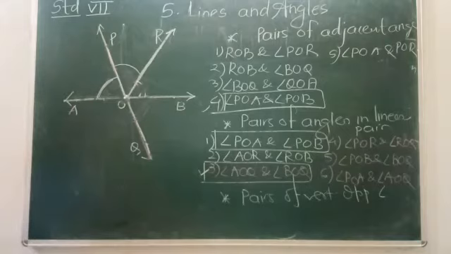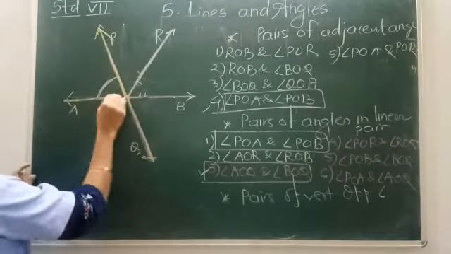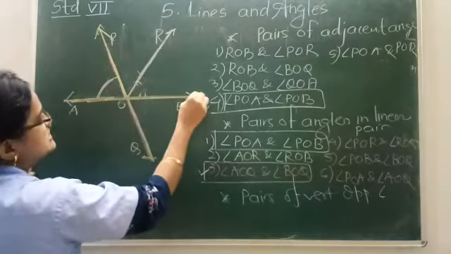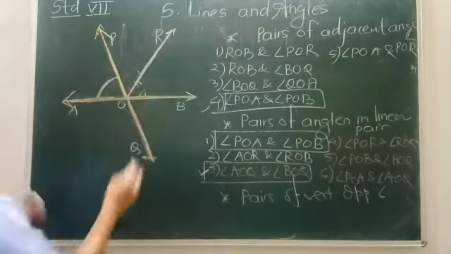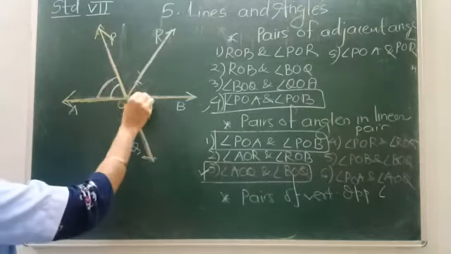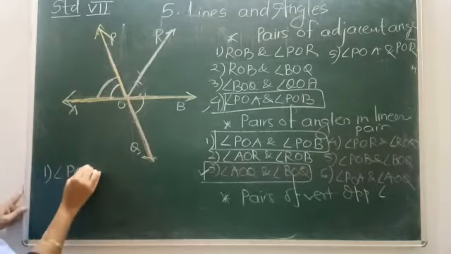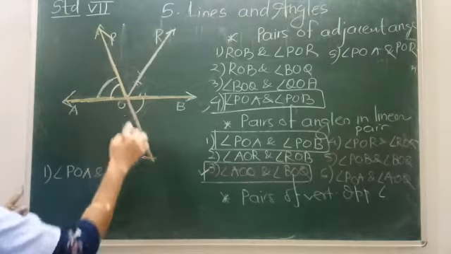Now let us write a few pairs of vertically opposite angles. For getting vertically opposite angles, we must concentrate on straight lines. So now I am drawing the straight lines with yellow chalk. Which can be the pairs of vertically opposite angles here? This and this angle. So vertically opposite angles: angle POA and angle BOQ.